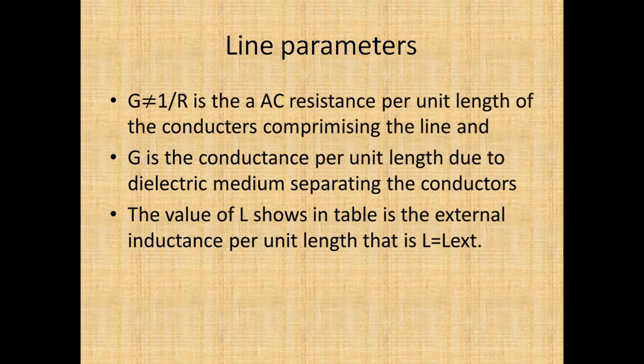G is not equal to 1 upon R. R is the AC resistance per unit length of the conductors comprising the line, and G is the conductance per unit length due to the dielectric medium separating the conductors. The value of L shown in the table is the external inductance per unit length, so L is equal to L external.